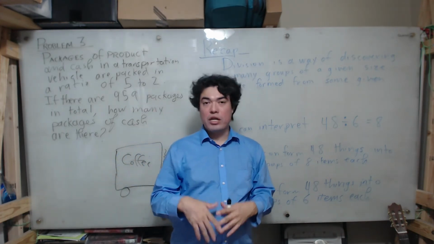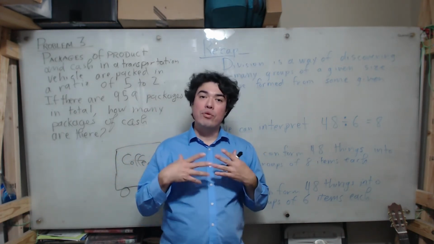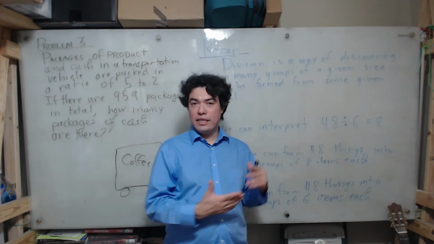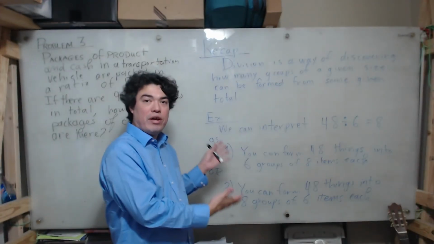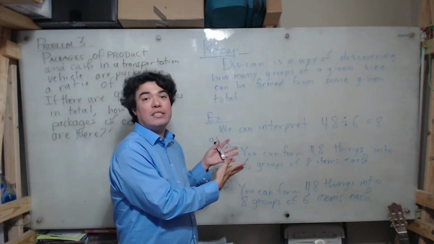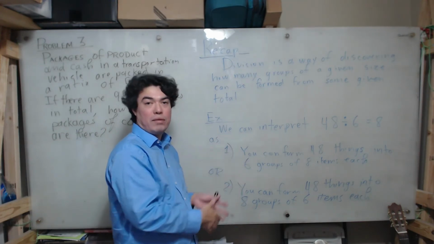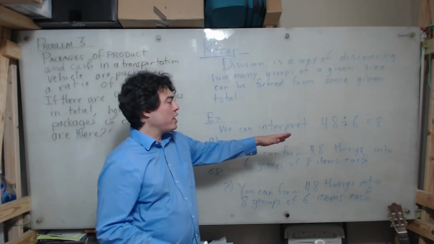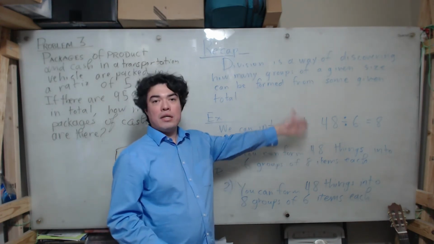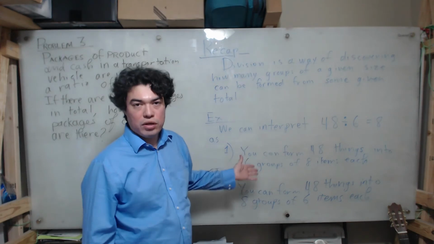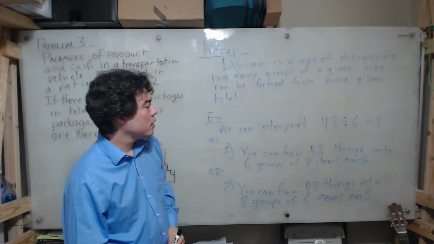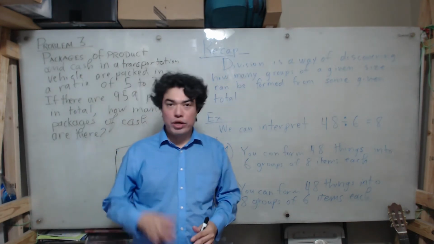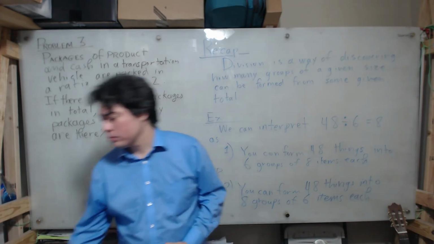Multiplication, we're not going to discuss it in detail here, but it's repeated addition. And division is a way of finding out how many groups of a given size can be formed if we want to break them up into groups of the same size. 48 divided by 6 is 8 means 8 groups of 6 equals 48. Okay, now we're going to move on to the solution of this problem.